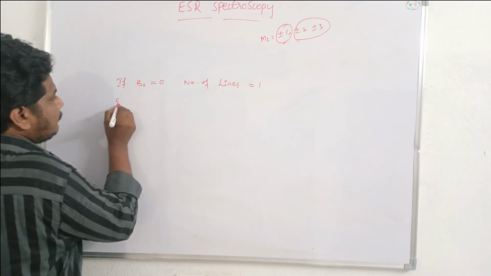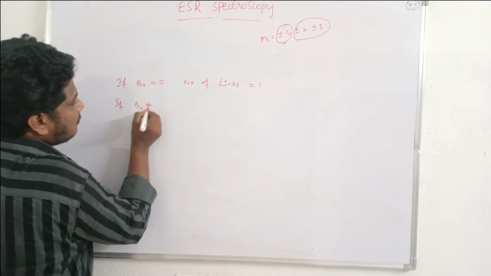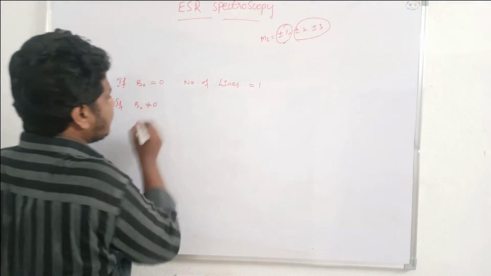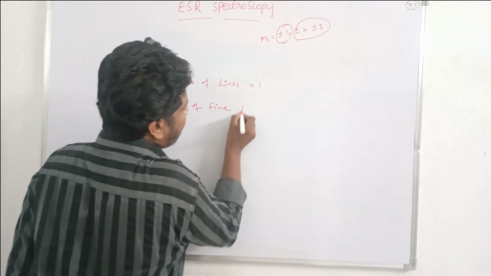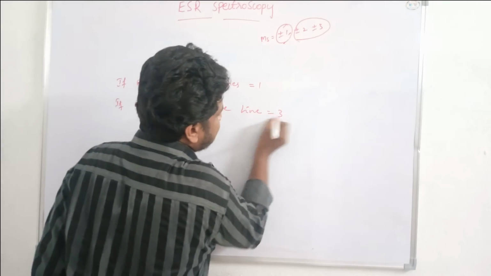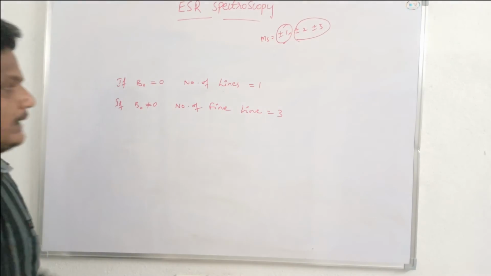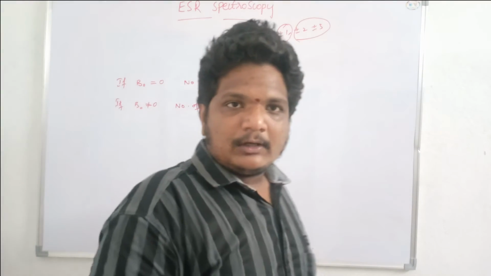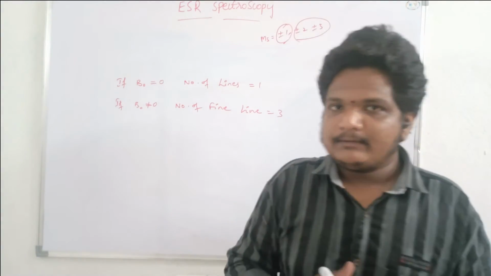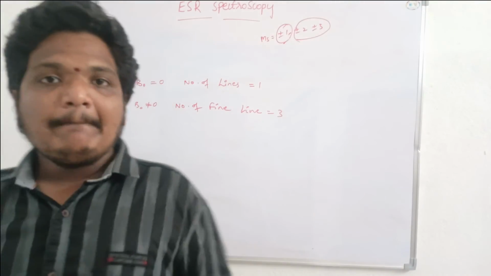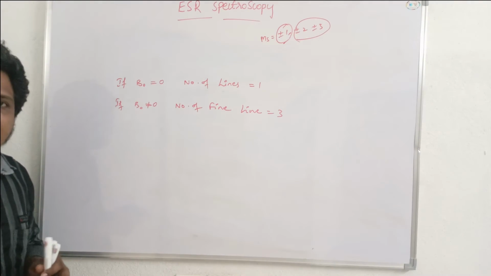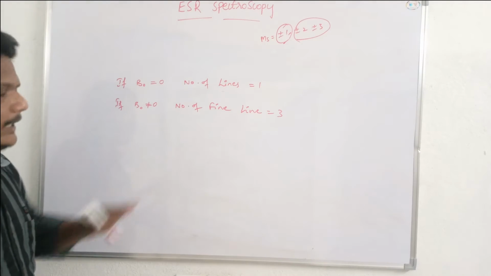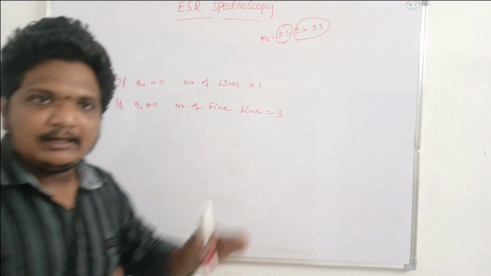Whereas if B naught is not equal to 0, the number of fine lines is 3, under an external magnetic field. So in this way we can find the number of fine lines in the presence of an external magnetic field and in the absence of an external magnetic field.